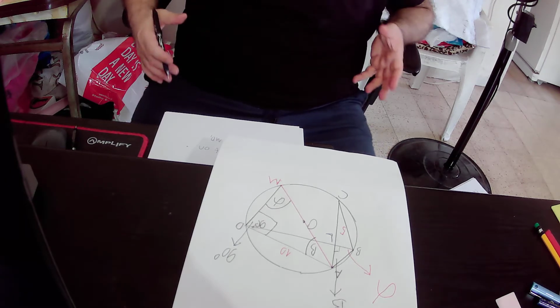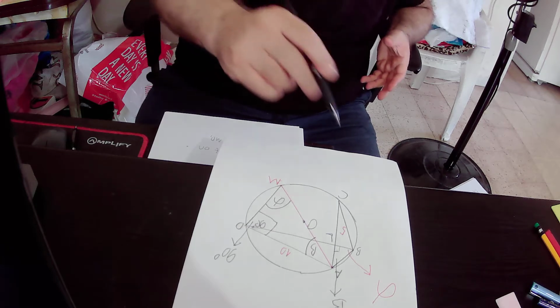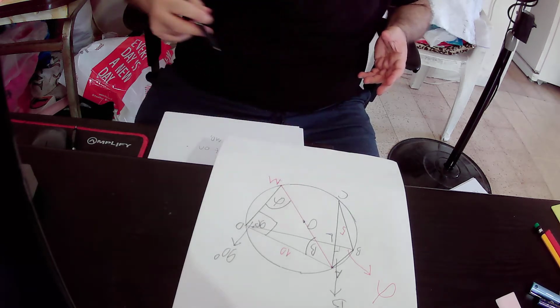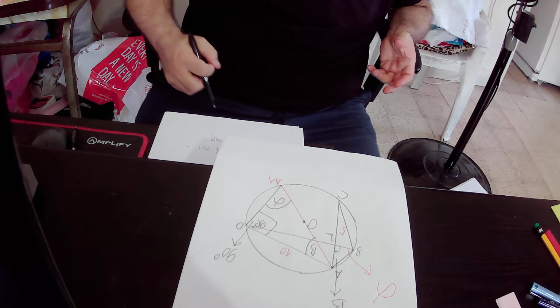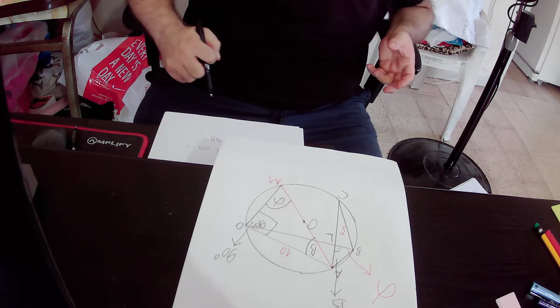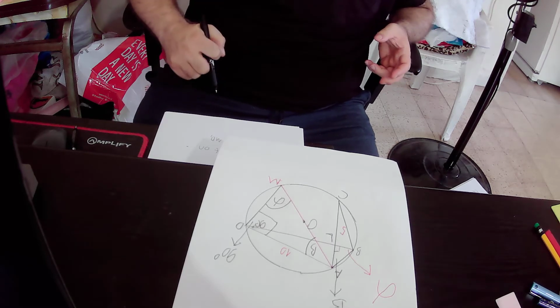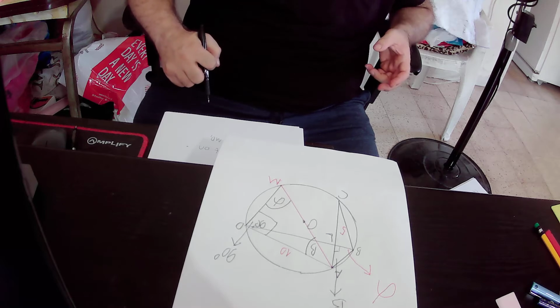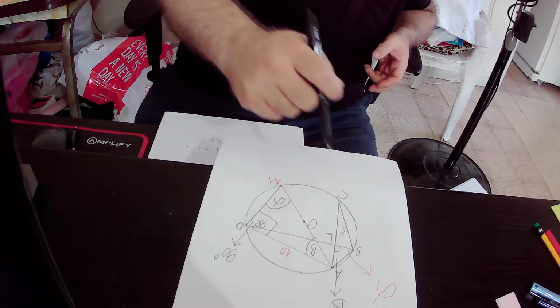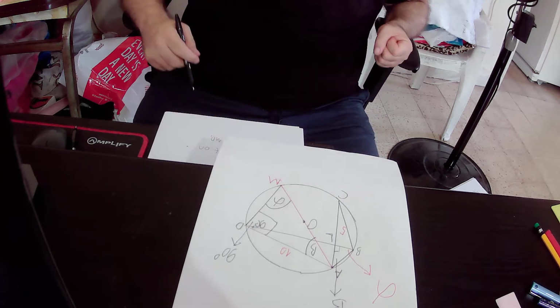So because those two angles are equal to each other, according to rule number 3, they rest on equal chords. That is to say, BC equals MD.